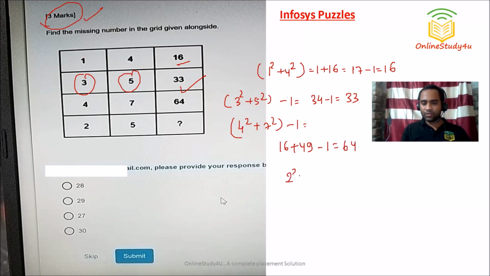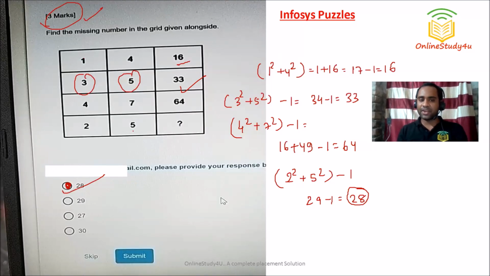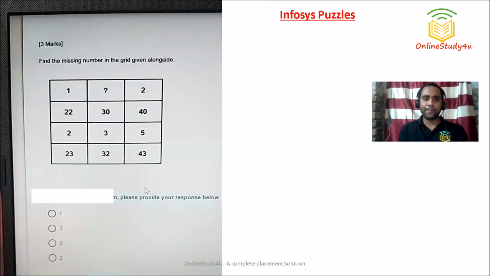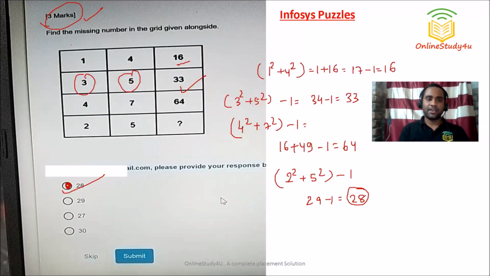Then 2 square plus 5 square minus 1. So 4 plus 25, that is nothing but 29, minus 1 will be equal to 28. So 28 means this particular option will be the correct answer, right? 2 square is 4 and 5 square is 25. So 29 minus 1 will be 28. Okay. So this was for how many marks, friends? Again, 3 marks.